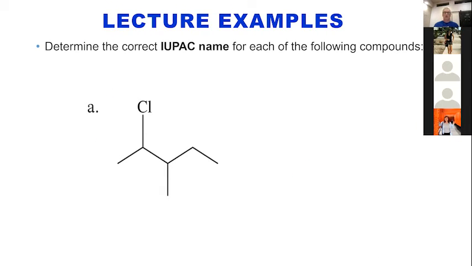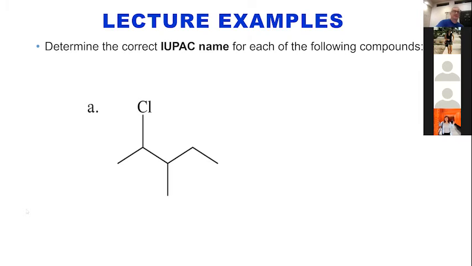Let's look at something a little more complicated. What are we going to call this one? What's the longest stretch of carbons? 2-chloro-3-methylpentane.